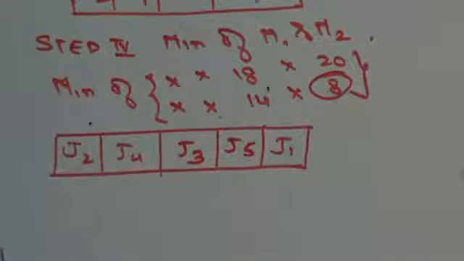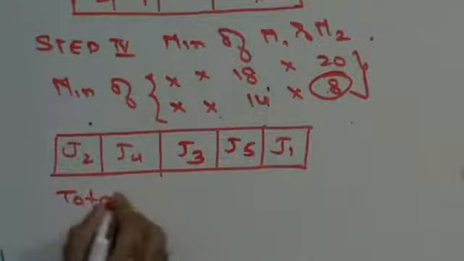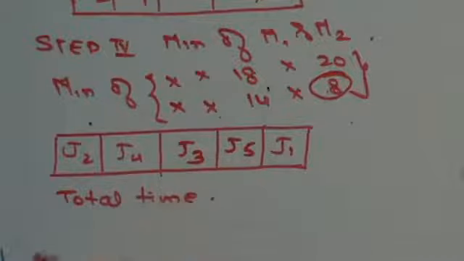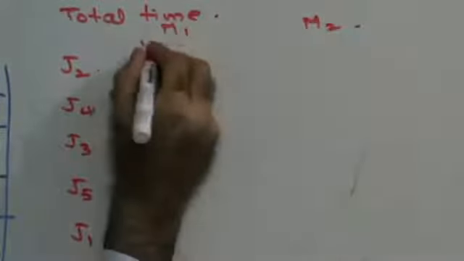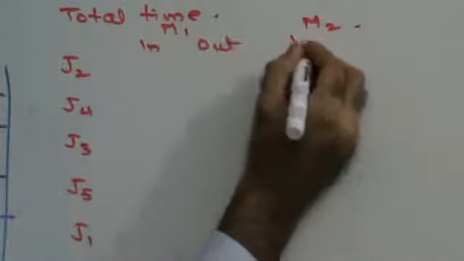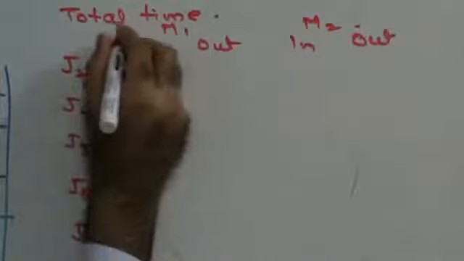Right? Now, let's find out the total time. So it's going to go in the order J2, J4, J3, J5, J1. Machine 1, machine 2. Time in, time out.